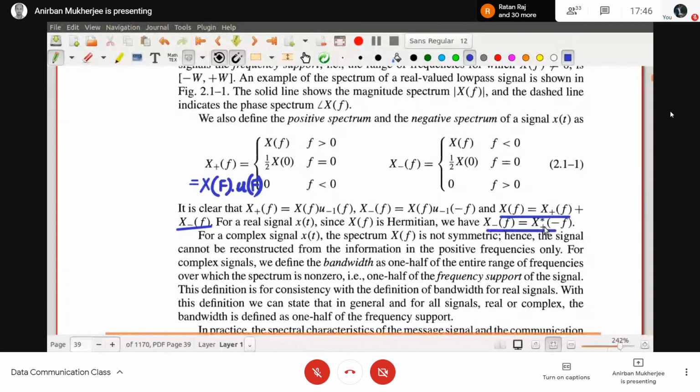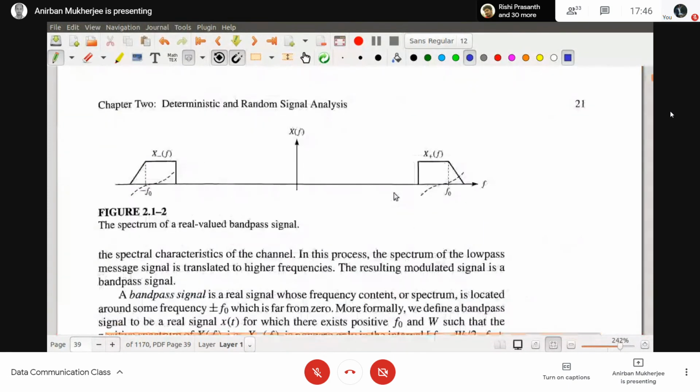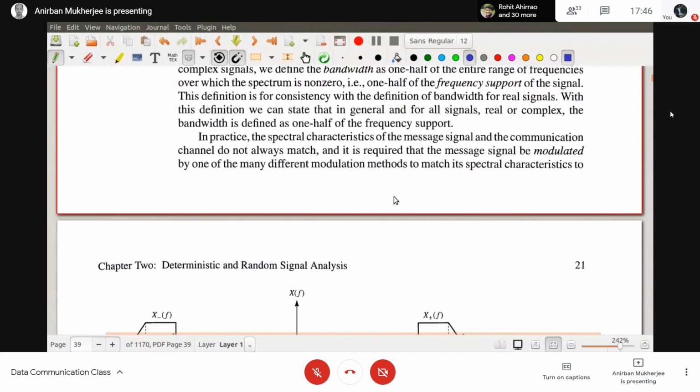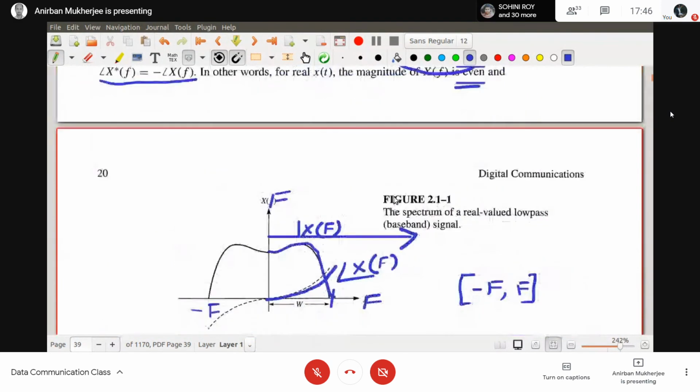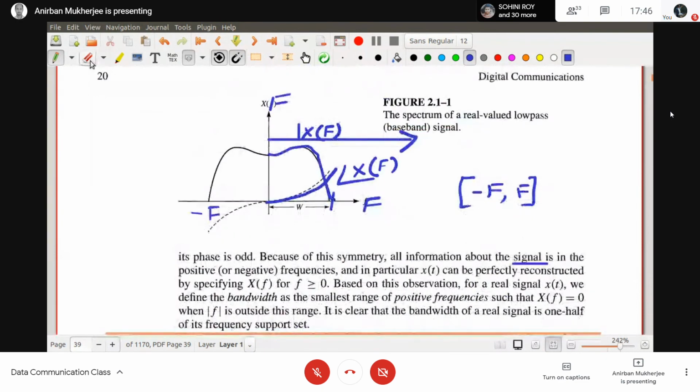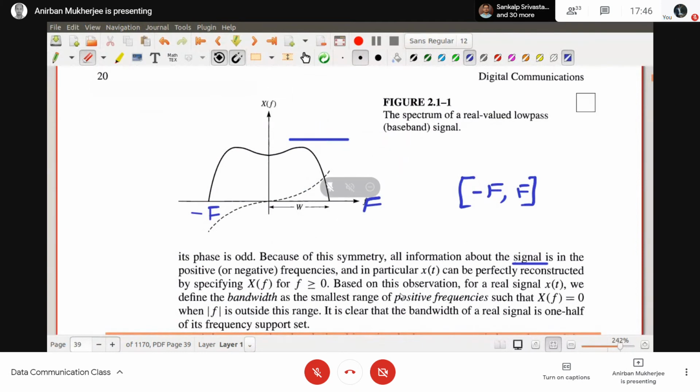So the basic point is about the spectrum of a real valued baseband signal.